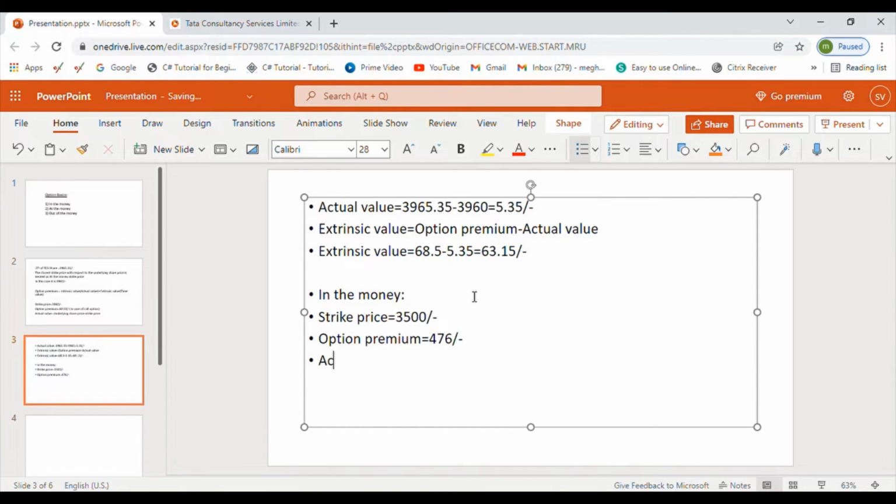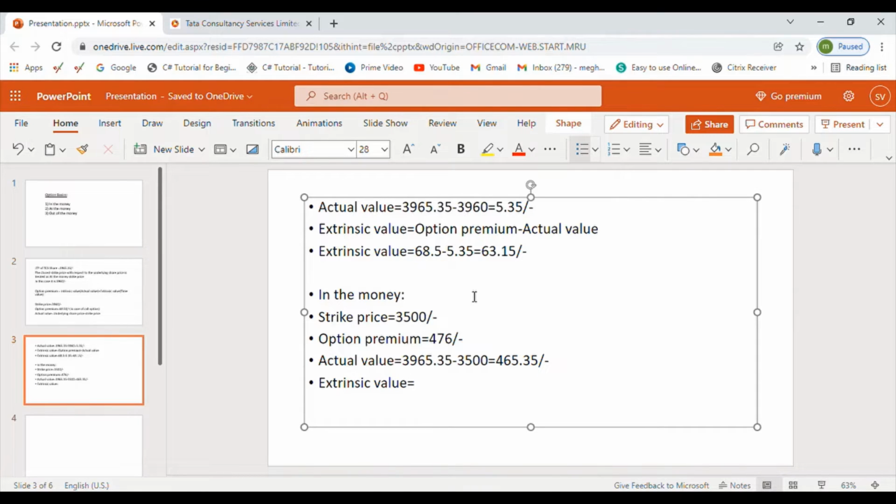So the actual value we get from here is underlying minus the strike price, which gives us 465.35. So this is the actual value for this strike price, which means the extrinsic value is very less, correct?